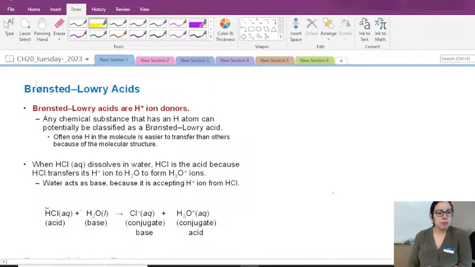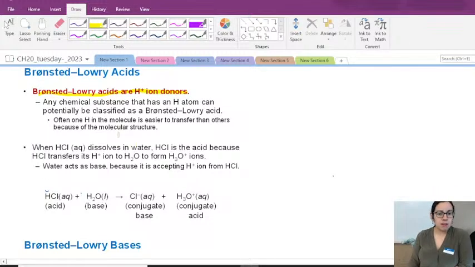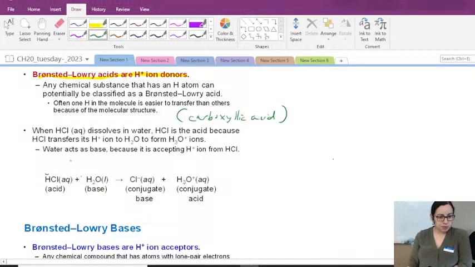This means that Bronsted-Lowry acids are still H+ ion donors. Often there's one hydrogen in the molecule that's easier to transfer, and that's why we refer to a carboxylic acid. And of course, our HCl still falls under this definition.